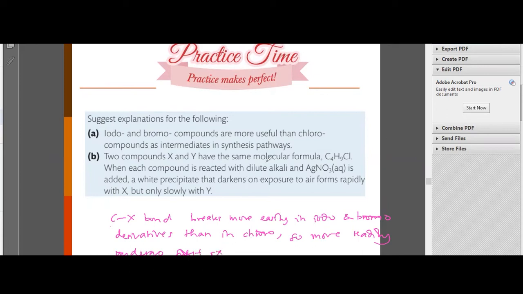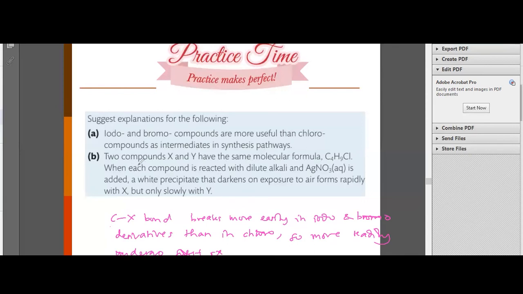The point is that carbon-iodine and carbon-bromine bonds are easier to break compared to carbon-chlorine. So they are better, acting as intermediates in synthesis pathways.